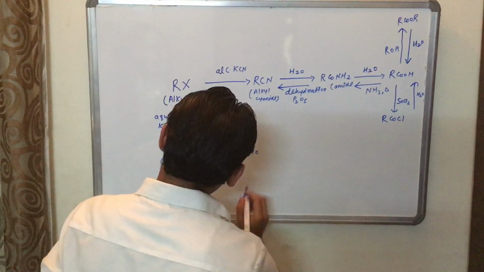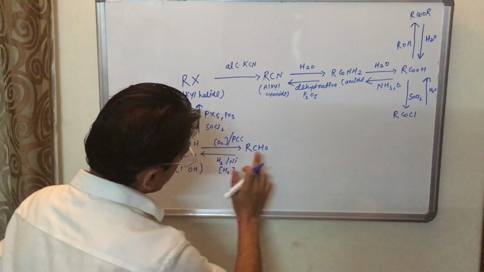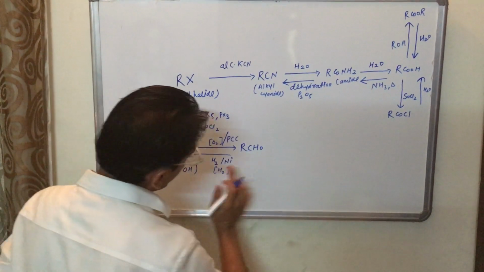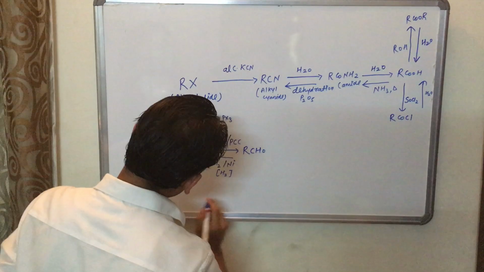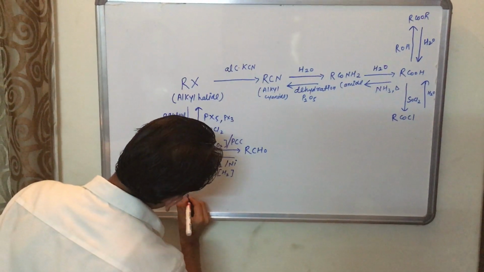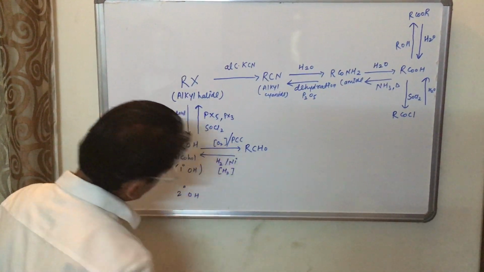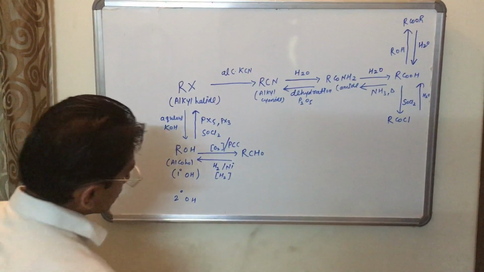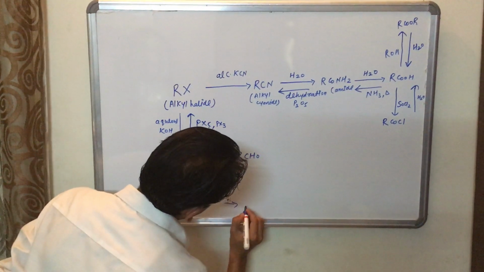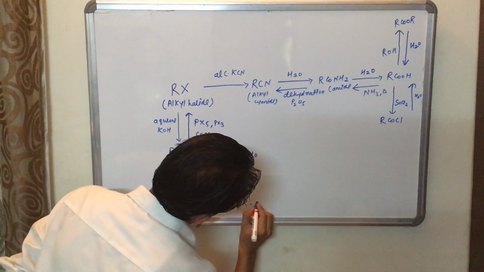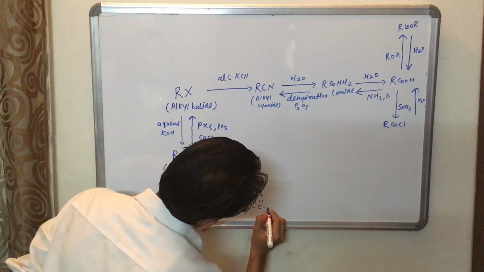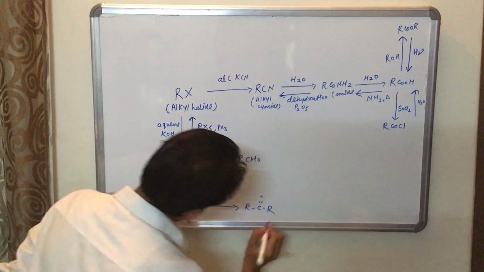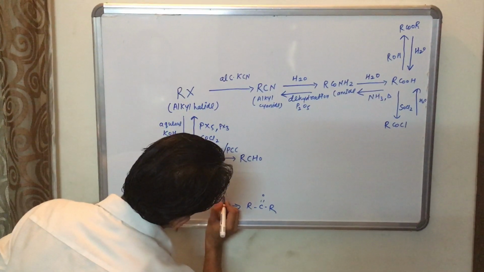Now from 1 degree alcohol you will get aldehyde, and from 2 degree alcohol, like isopropyl alcohol, we will get ketone. The process is the same, oxidation.